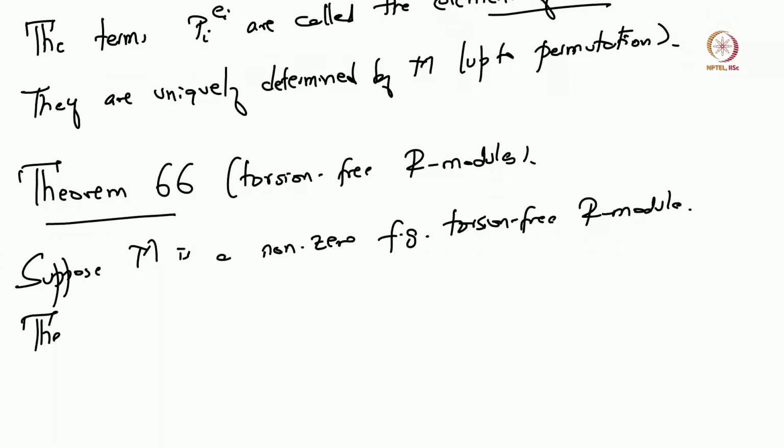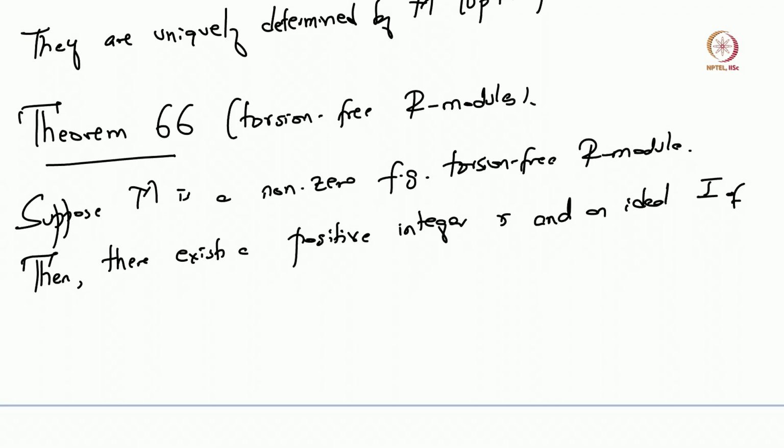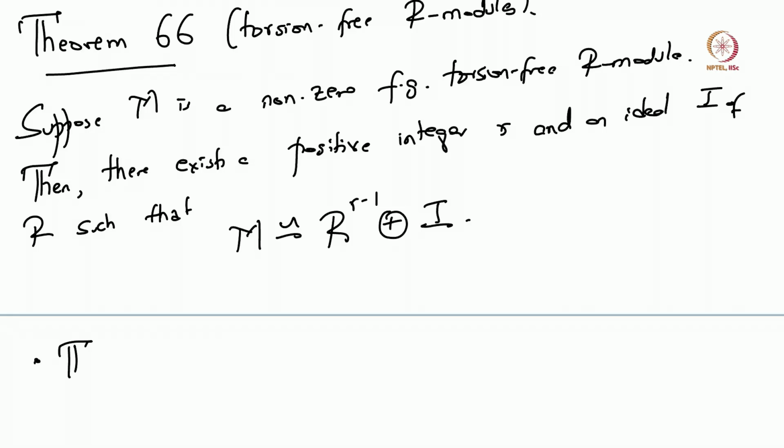Then there exists a positive integer r and an ideal I of R such that M is isomorphic to r minus 1 copies of the ring direct sum with I. The integer r is called the rank.